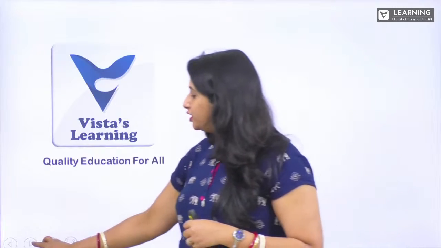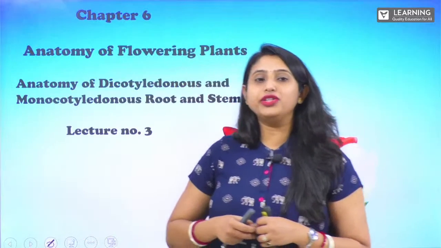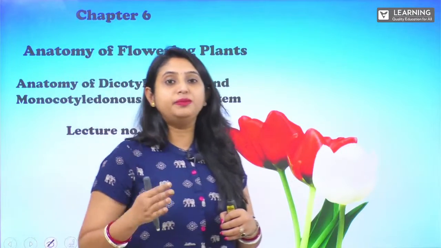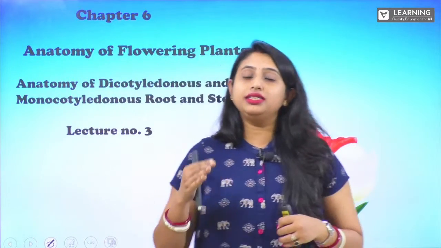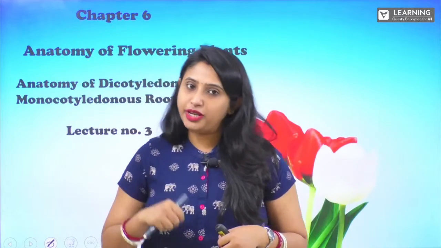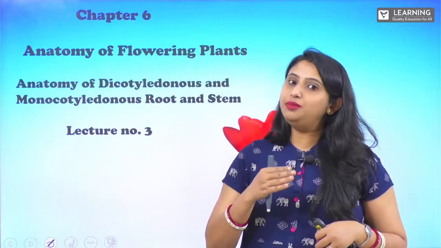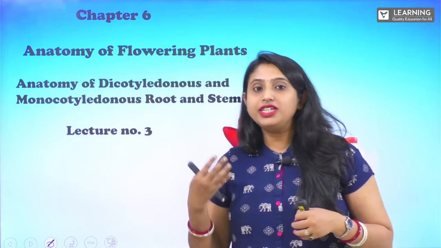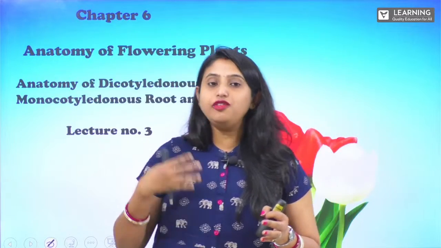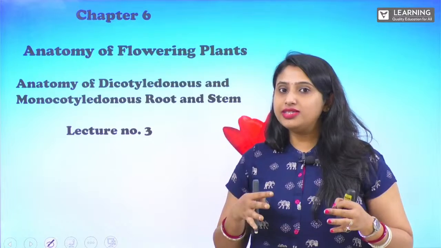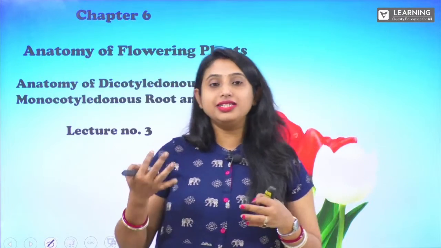So what we have learned in the previous class? In the previous class, we have learned about complex permanent tissue. Under this, you have seen that there are two types of complex permanent tissue: xylem and phloem, right? Xylem is made up of 4 different elements: tracheids, vessels, xylem parenchyma, and xylem fiber.